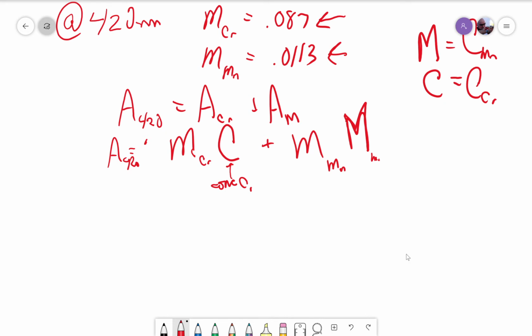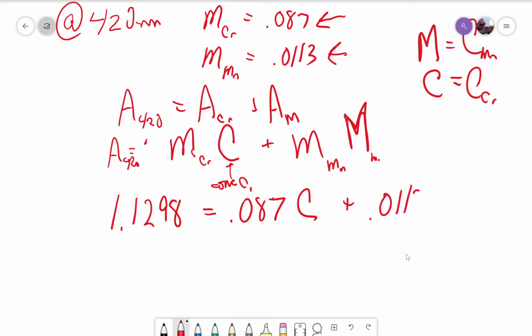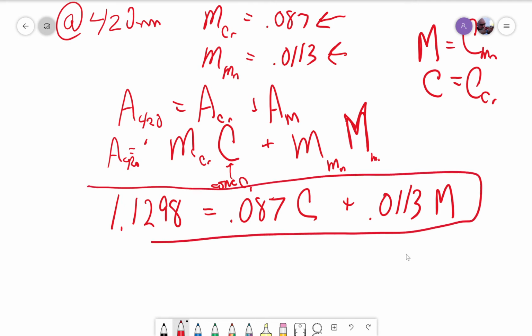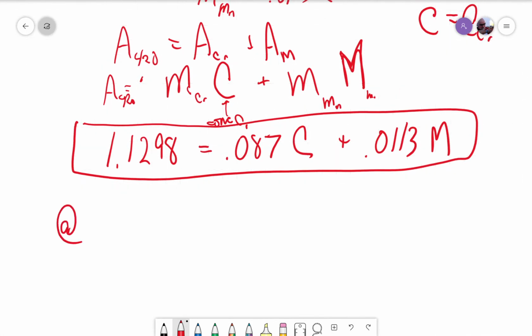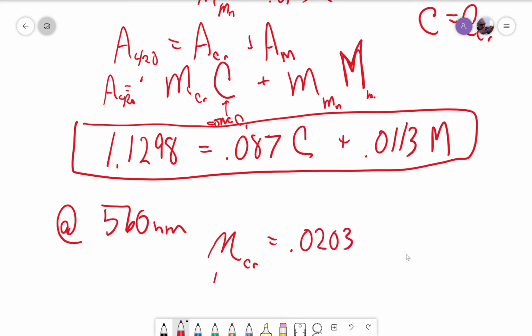If we substitute into this equation, that gives us one equation, which is 1.1298 equals 0.087 C plus 0.0113 M. We can do the same thing at 560 nanometers, where the slope of the chromium at 560 is 0.0203 from the data, and the slope of the manganese is equal to 0.0743.